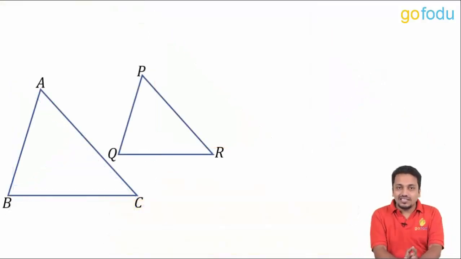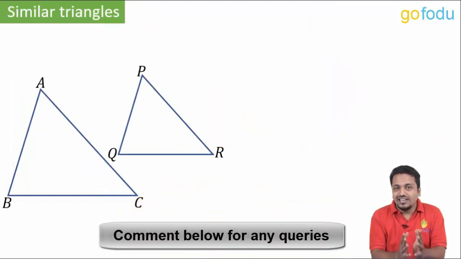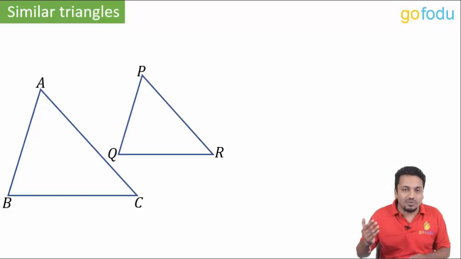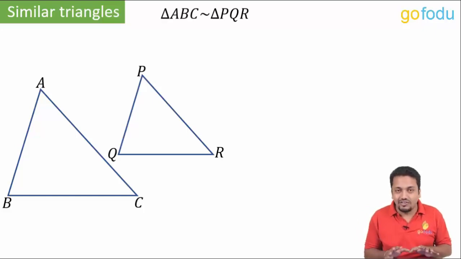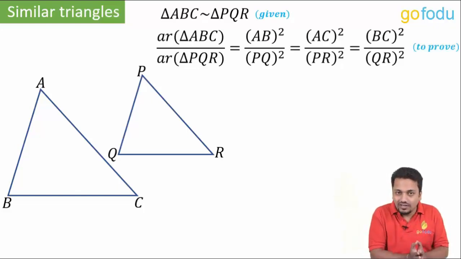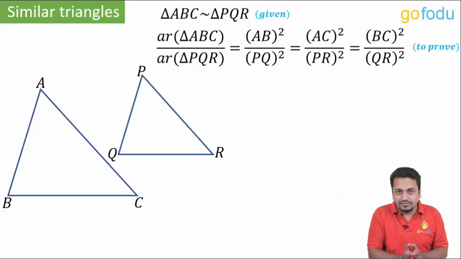Last but not the least, in two similar triangles, ratio of areas is equal to square of the ratio of corresponding sides. Now these two triangles are similar, this is given to us, and we have to prove that ratio of their areas is equal to side of triangle 1 whole square upon side of triangle 2 whole square.